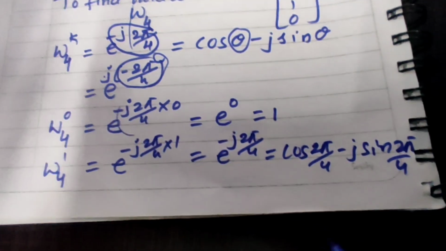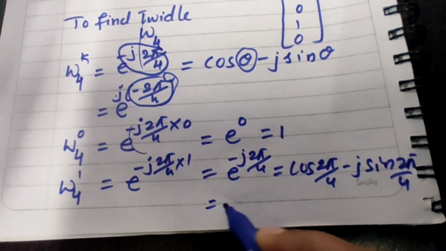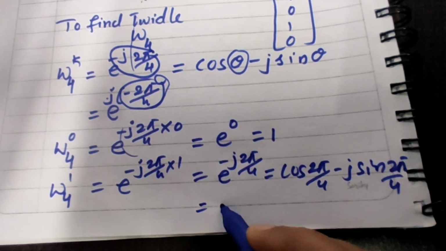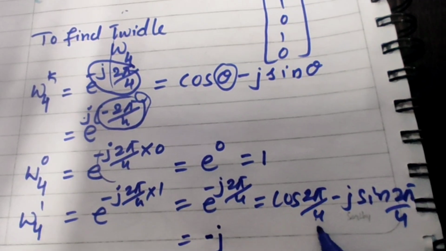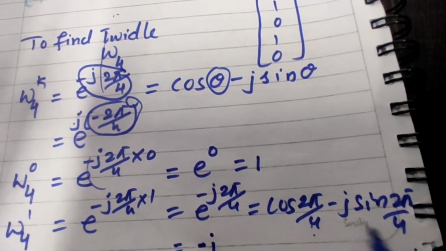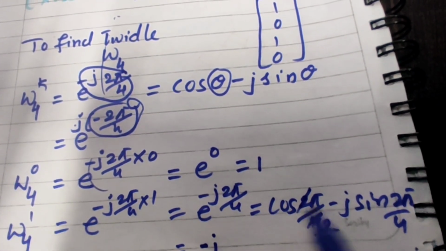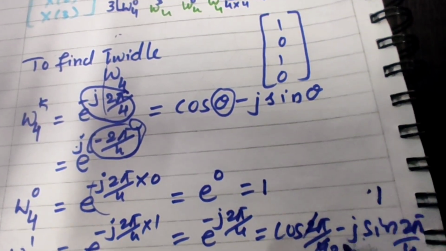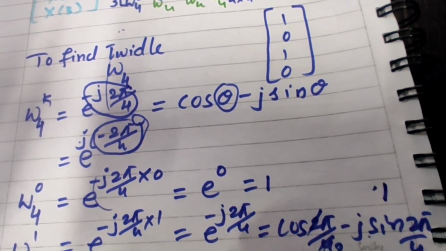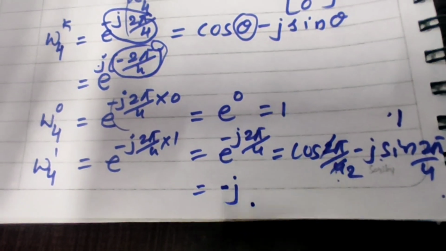You can enter these things in the calculator. You get minus j. Or you can say 2 1s are 2, 2 2s are 4, cos 90 minus j sin 90. Sin 90 is 1. So minus j into 1 is minus j. So very simple, right?